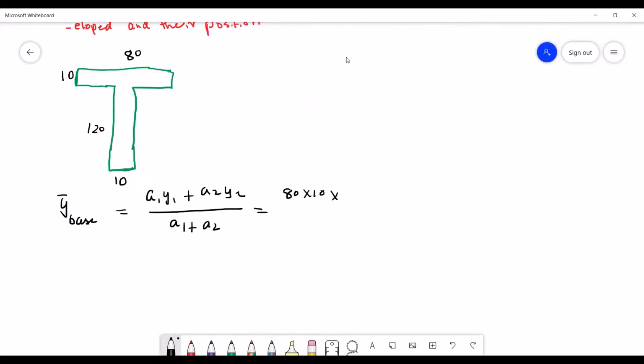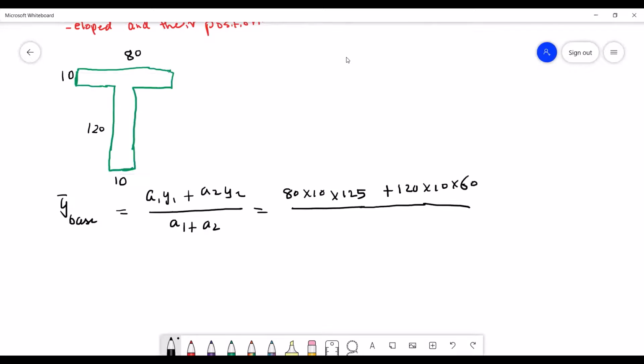Then when we move from here, 120 is there and the center of 10 is 5. 120 plus 5 is 125, divided by, so we have to take a2 also. A2 is 120 into 10 and the center of this section is, 120 is total, so 120 divided by 2 is 60.